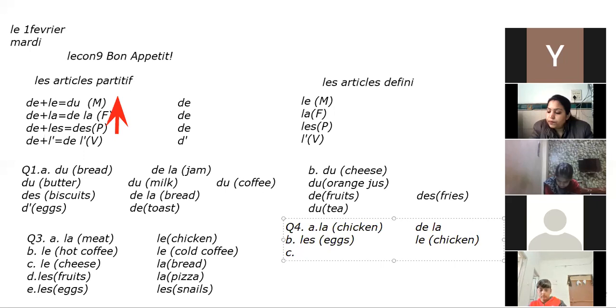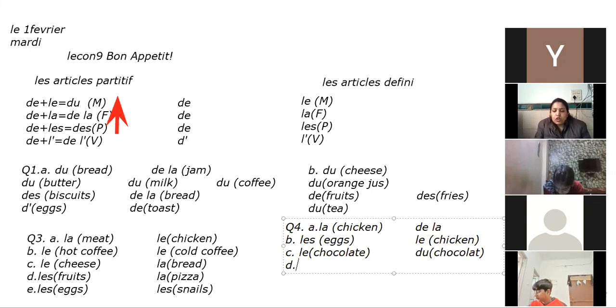Now the C part says dash chocolat est bon. So it will be le chocolat, that is chocolate. This chocolate is good. Je mange dash chocolat, je mange du chocolat. Now why am I writing du here? Because whenever I am eating chocolate, I am not counting how many cubes I am eating. If somebody is sitting in front of you, your mother, your father, your brother, whosoever it is, you will just tell them that you have eaten chocolate.